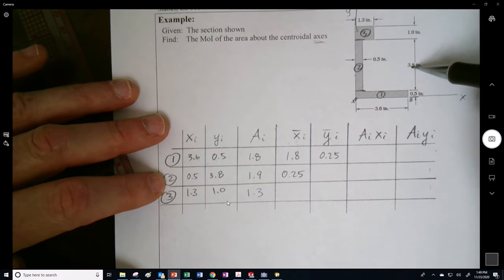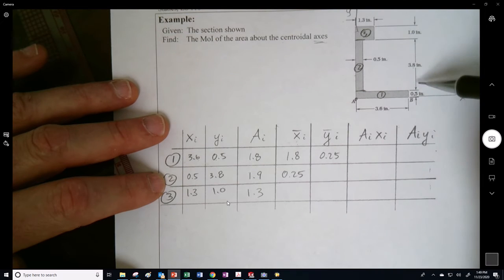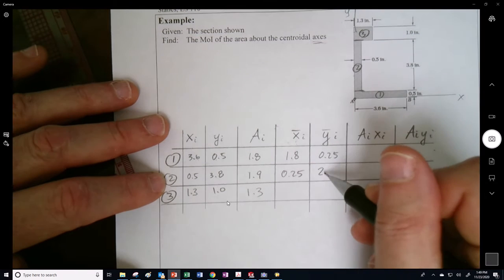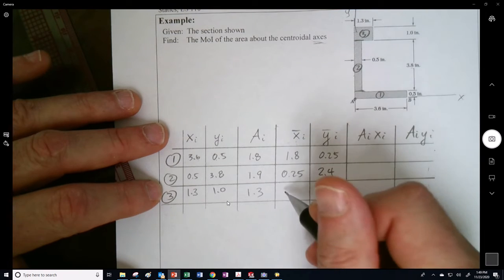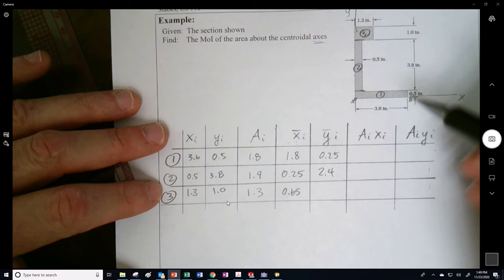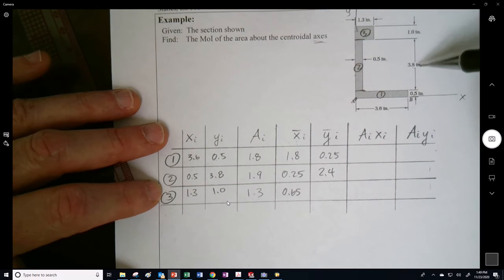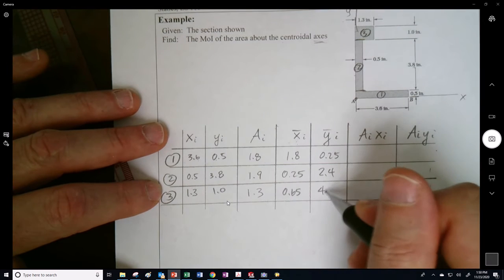And now we need 1/2 of 3.8, plus that 0.5. So that's 1.9 plus 0.5, which is 2.4. And then this guy, half of 1.3 turns out to be 0.65, and then we need half of 1 plus 3.8 and plus 0.5, so that comes out to 4.8.